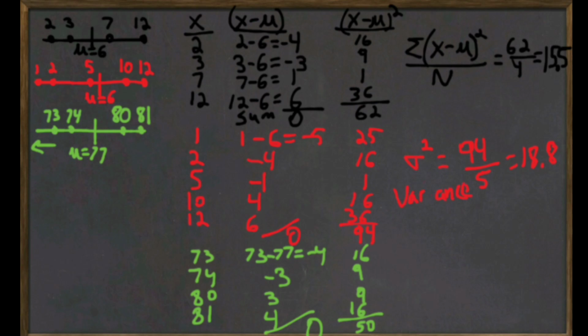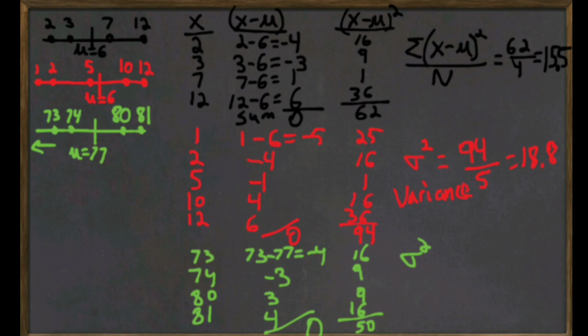Okay, so it's taken us a while to get there, but we have arrived at one of the two measures of spread. So the variance here is 18.8. The variance for black was 15.5, and let's just finish out the green one. That being, again, sigma squared, and that's the lowercase sigma.